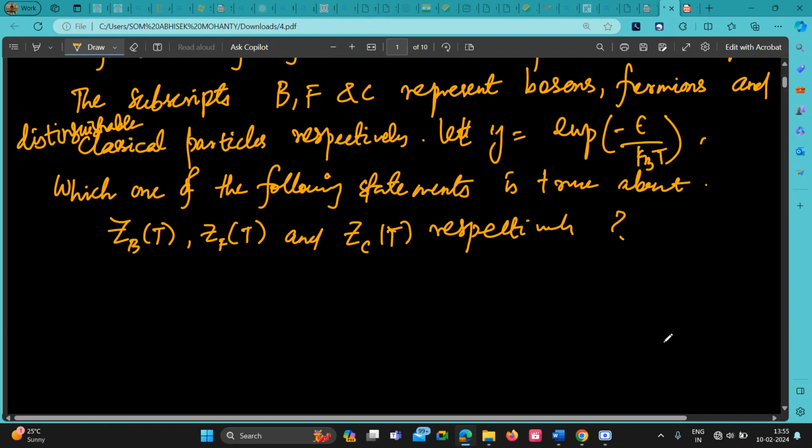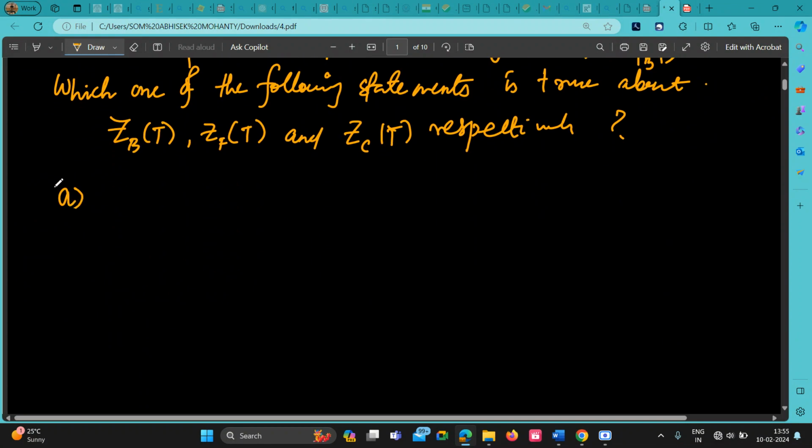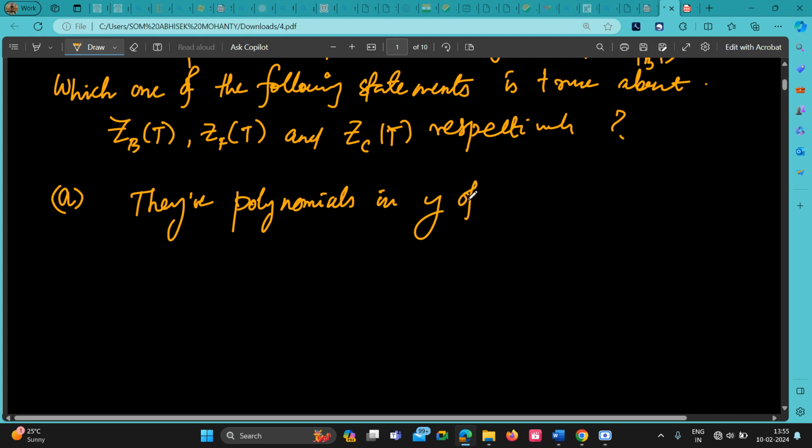Okay. Options are: option A, they are polynomials in y of degree 12, 6, 12, respectively.